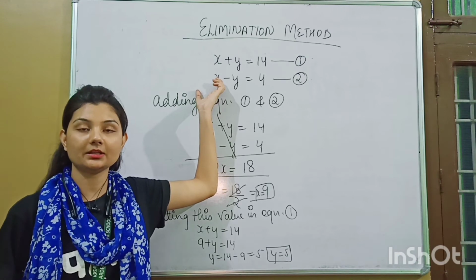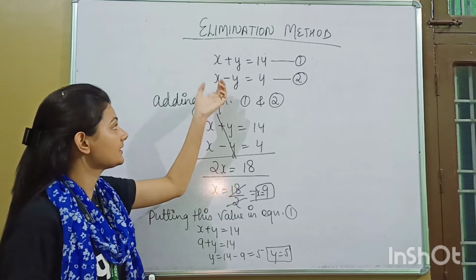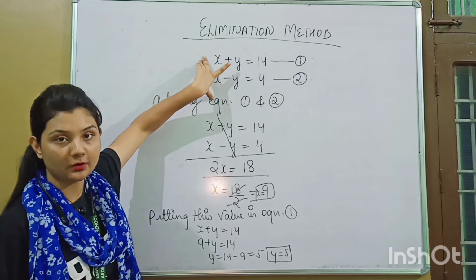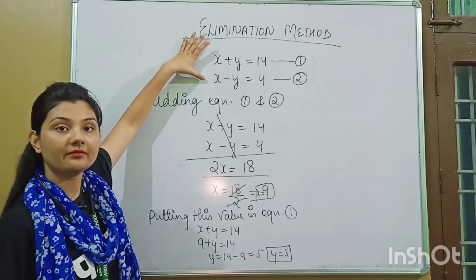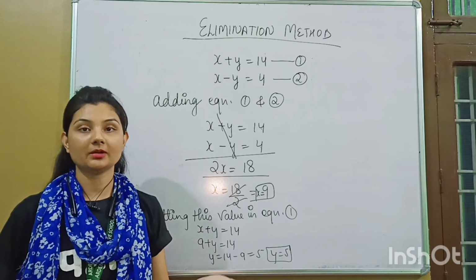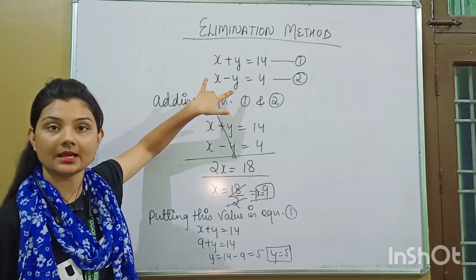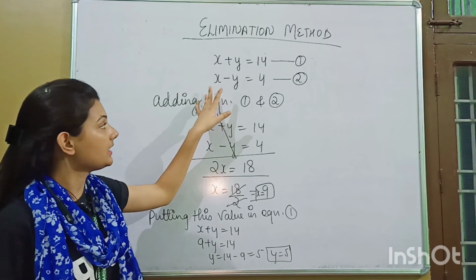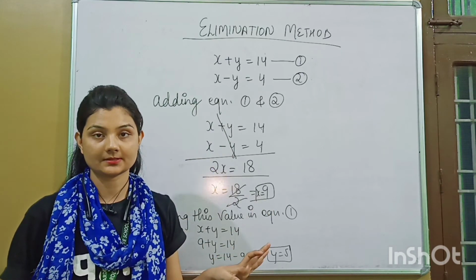It is not compulsory that you only remove y. If you want to remove x, see that the sign of x and x is the same. So whichever variable you want to remove, if the sign of both is the same, then instead of adding the equations, you will subtract them.